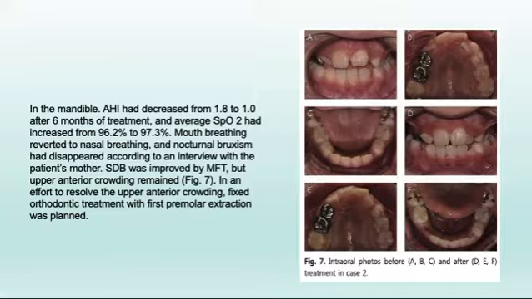According to an interview with the patient's mother, STB was improved by MFT, but upper anterior crowding remained, as in figure number 7. To resolve the upper anterior crowding, fixed orthodontic treatment with premolar extraction was planned.